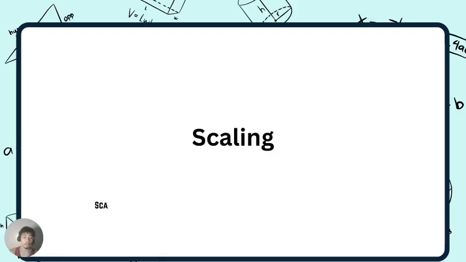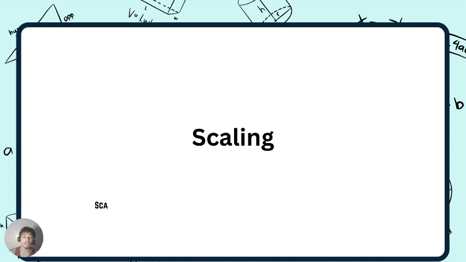So let us proceed with the scaling. You must be wondering what scaling means in math. Well, scaling is a procedure through which we draw an object that is proportional to the actual size of the object. Scaling in geometry means that we are either enlarging or shrinking figures so that they retain their shape.